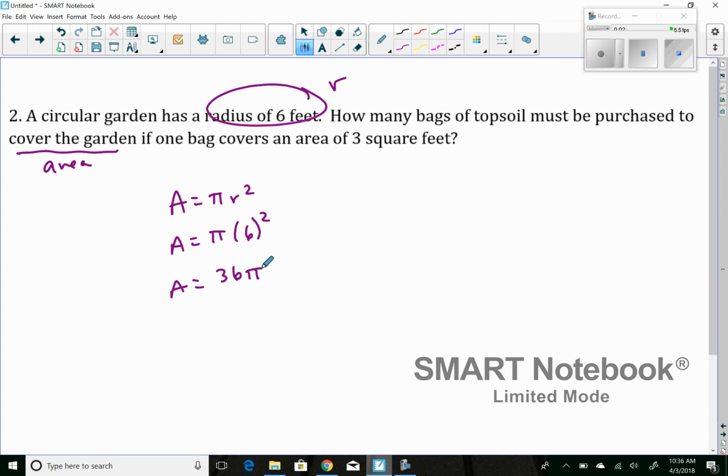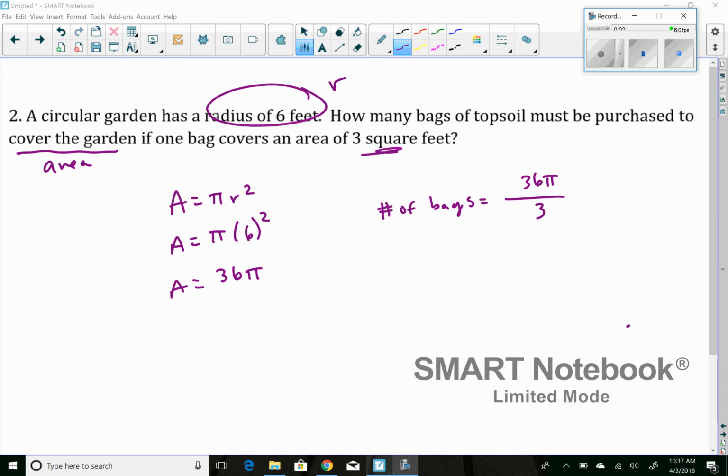Now that's the total area, and I want to figure out how many of these 3 square foot bags I can fit into that 36 pi. So to find the number of bags, I'm going to take the total area, 36 pi, and divide it by 3, because 3 square feet is how much a single bag covers.